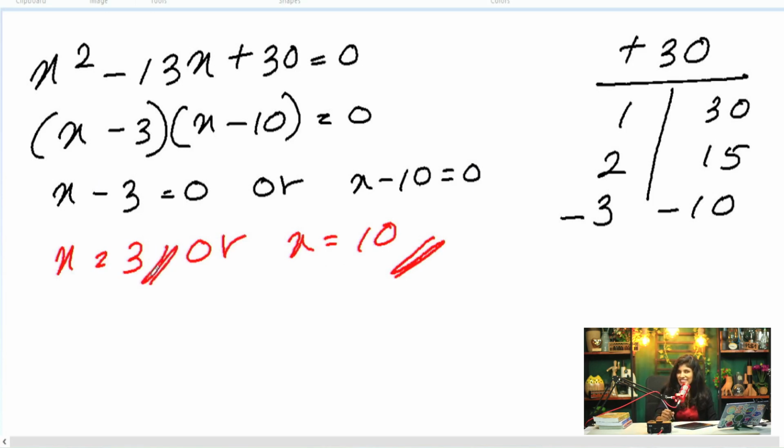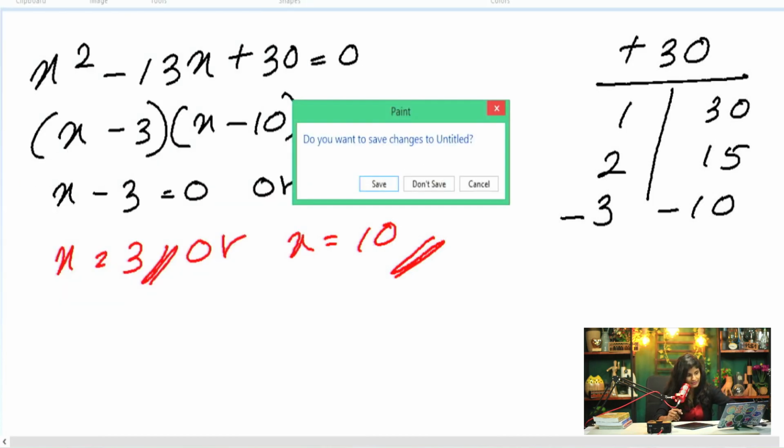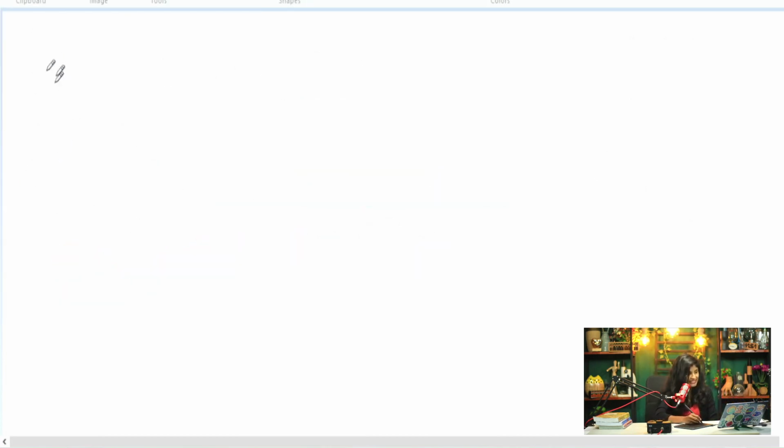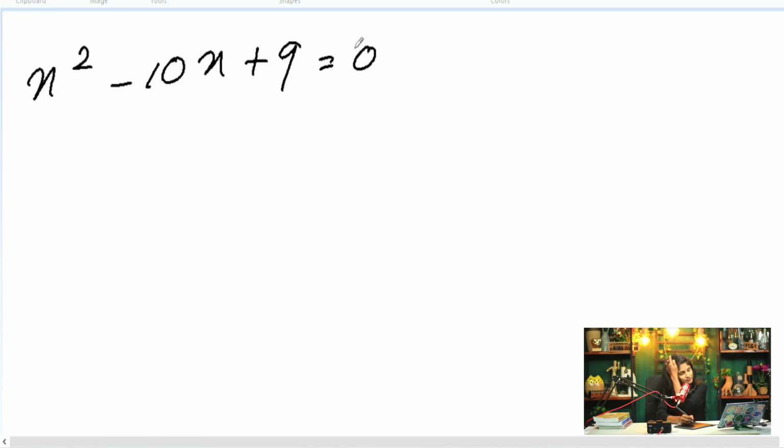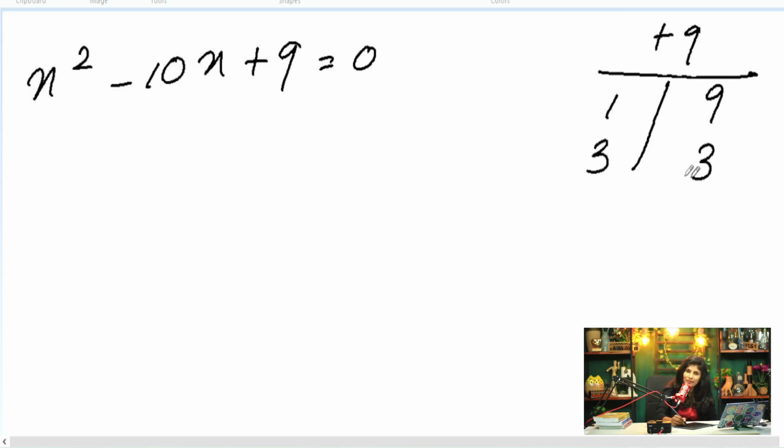So the last question we are going to discuss under this video, that is x square minus 10x plus 9 equals 0. So we have to make positive 9. 1 multiplied by 9, 3 multiplied by 3. So, the middle value is negative 10.